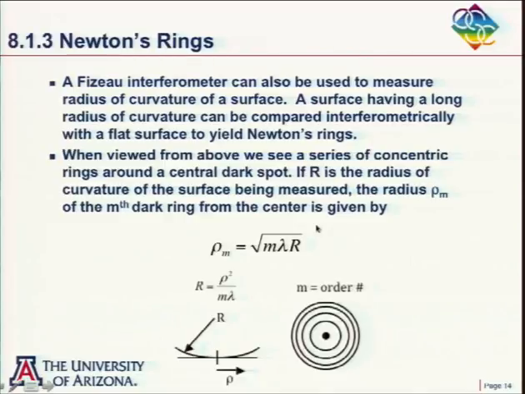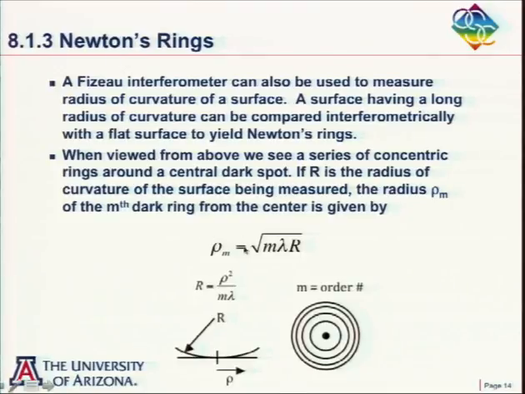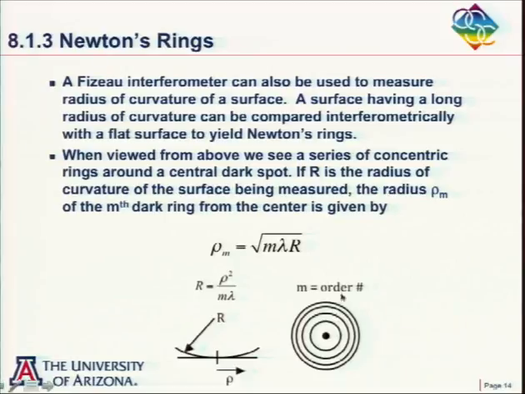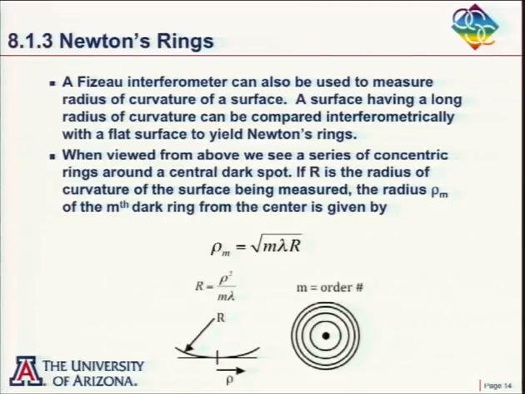So, if you're measuring something that is not a very short radius of curvature, you simply would put that surface next to your flat, and you look at the interference fringes, and you know that, oh, let me think here. In going from one fringe to the next, the OPD changes by a wavelength, always.